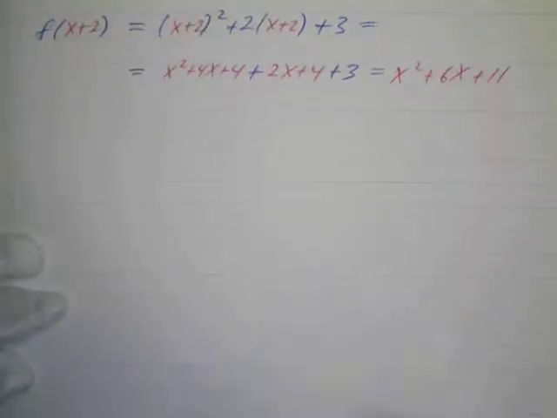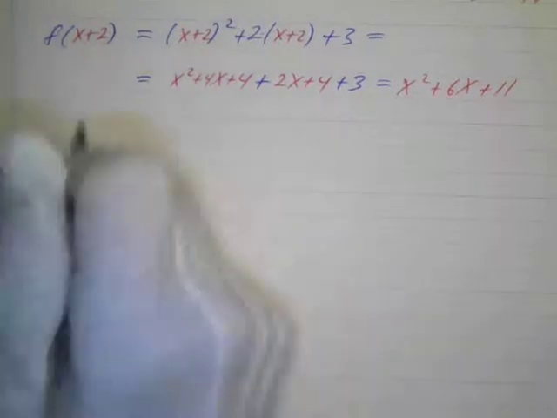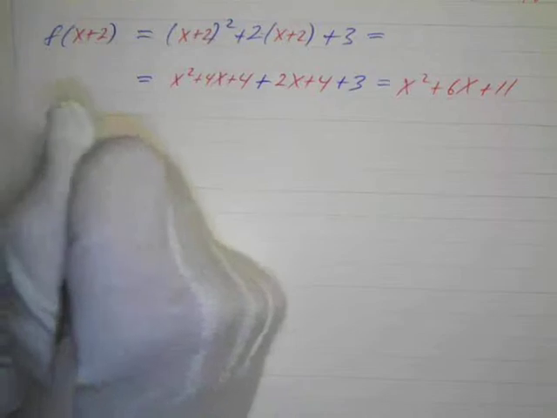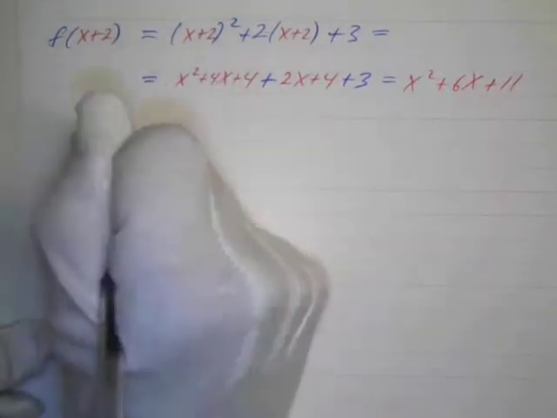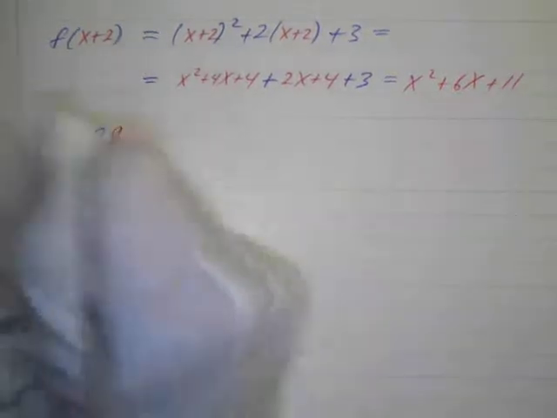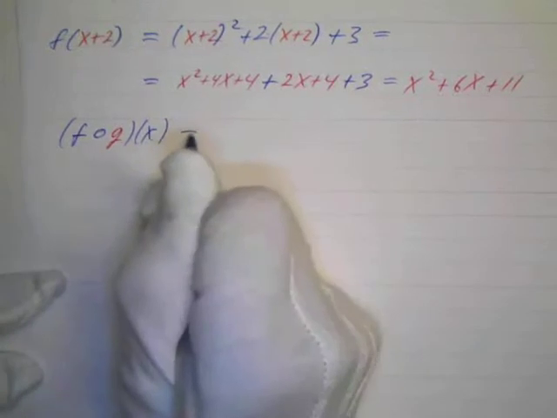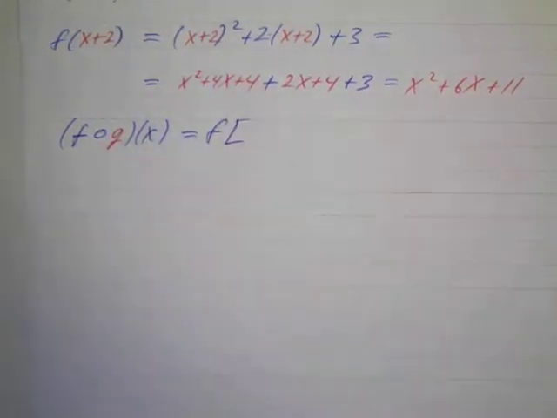Now remember, we talked about fog and gof before, so I'll just write these out again. Let's say f circle g of x. Like I said before, I really don't like this notation. This really means f of g of x.